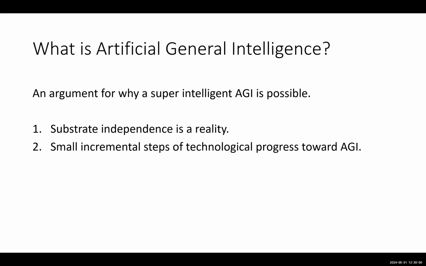So if it continues that way towards AGI, and if it's also true that substrate independence is in fact a reality, well, then it's just got to follow that some sort of a super intelligent AGI would be possible in the future, right? There's nothing that would prevent that. No theoretical, principled reason to exclude that possibility. Even if it's unlikely, it's possible. So that's the general kind of argument that one might offer.